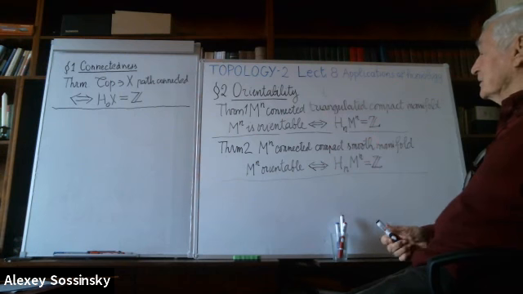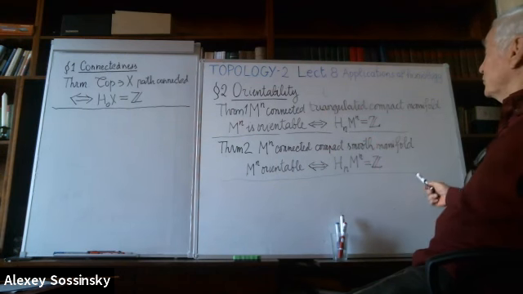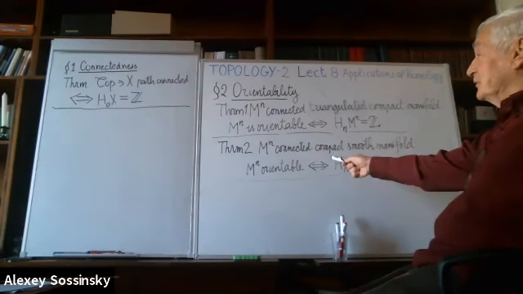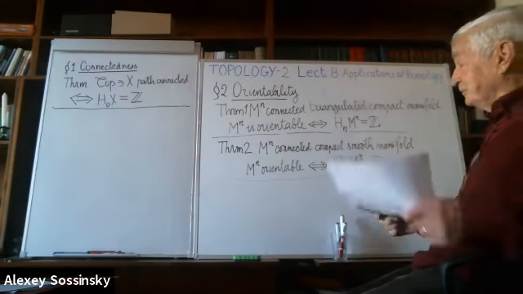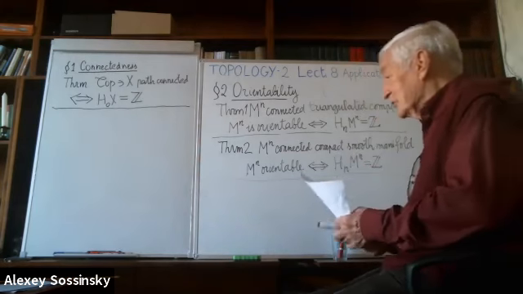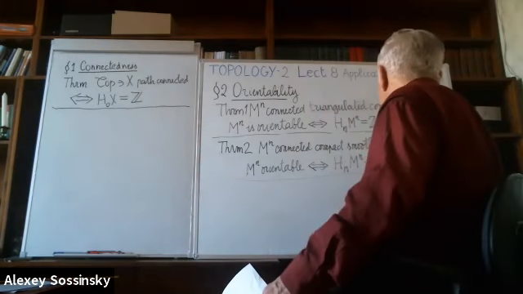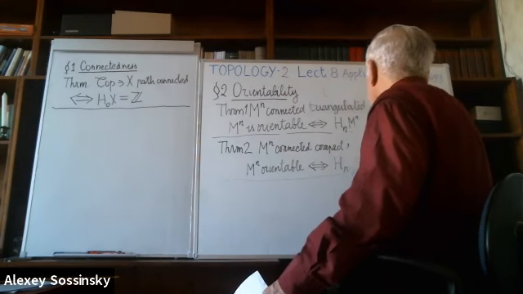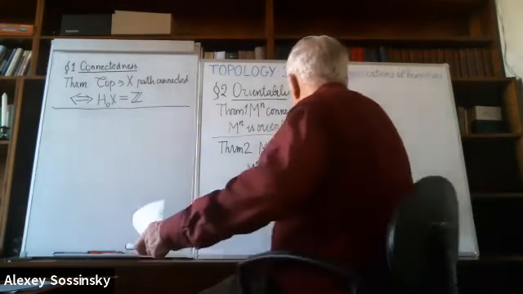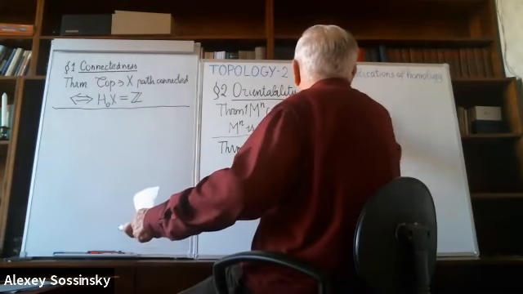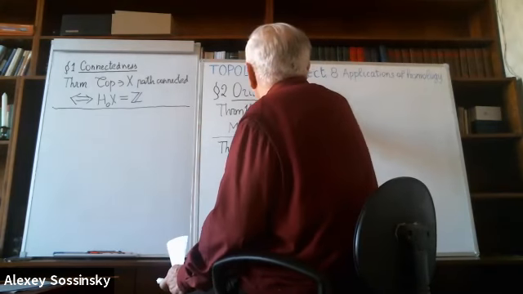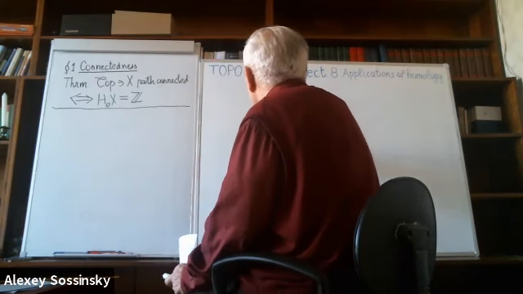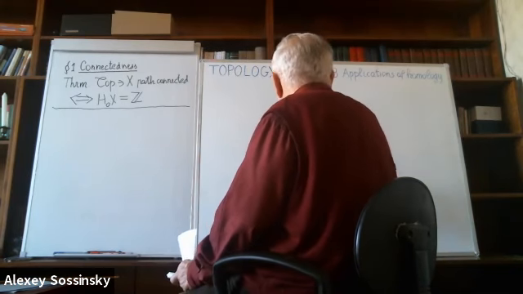And so together, these two facts plus theorem 1 give us a proof of theorem 2. Okay, so much for orientability. And now we go on to more interesting things, some of which will turn out to be rather surprising.